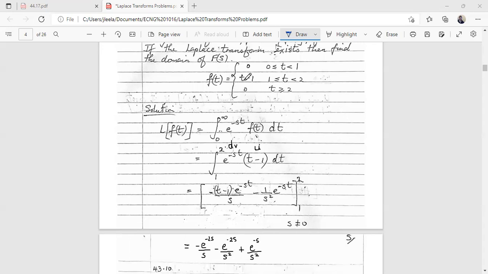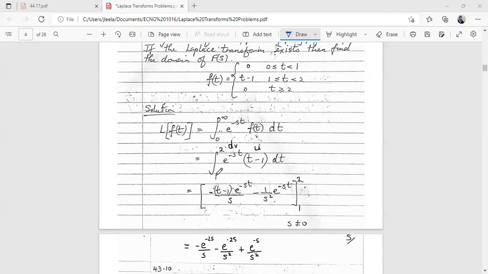So the only part that will really give us a contribution, because all the other parts have 0 in them. Anytime f(t) is 0, then e to the minus st times 0 is 0, so you won't have to evaluate that, right? So you're focusing between 1 and 2 here, right?